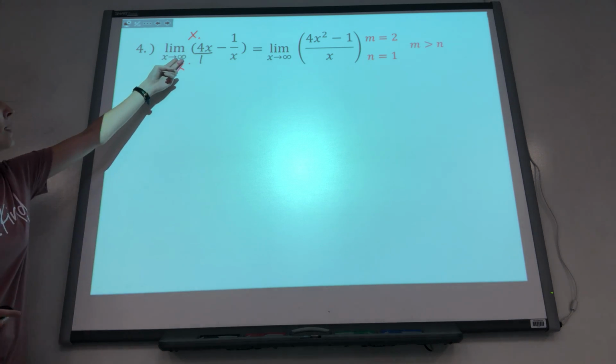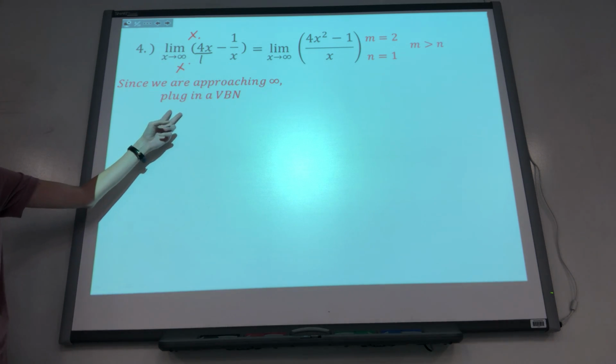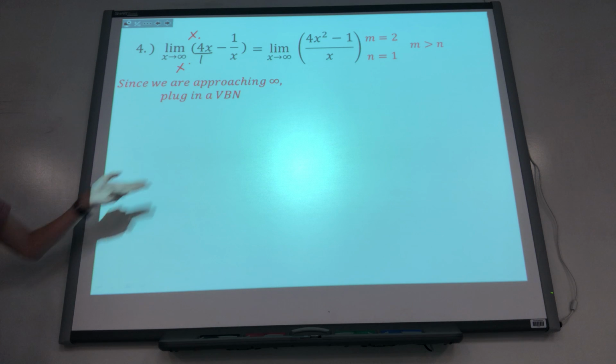I am approaching positive infinity this time. So I'm going to plug in a very big number instead of a very small number. Since we are approaching positive infinity, plug in a very big number.